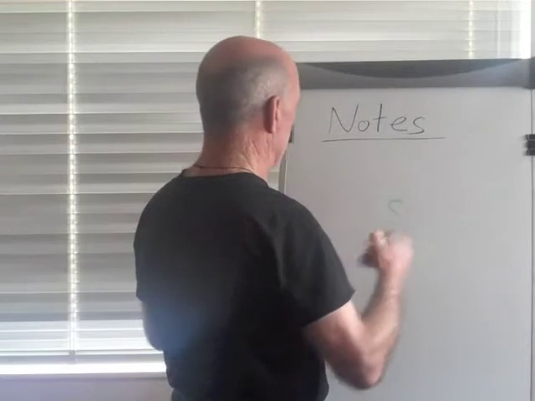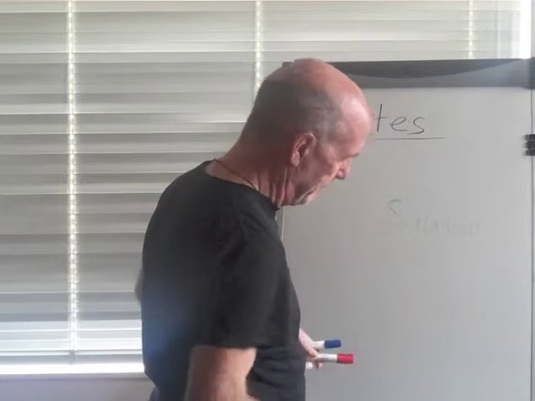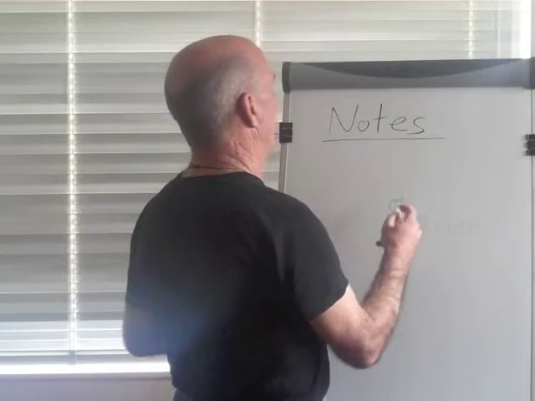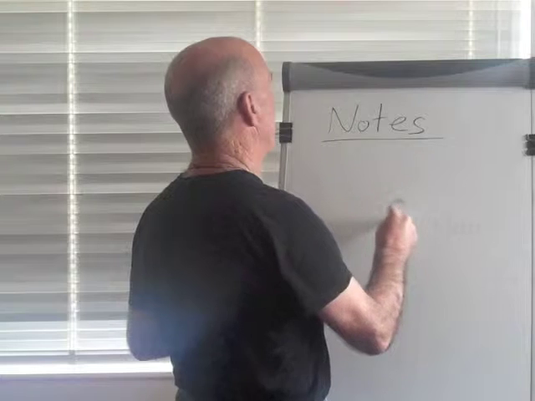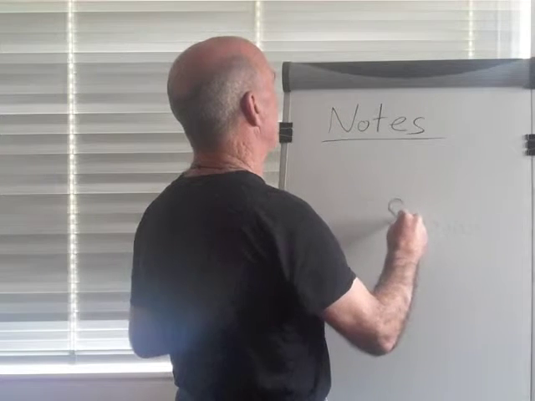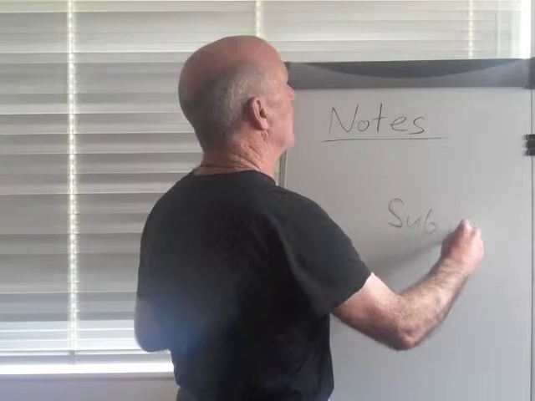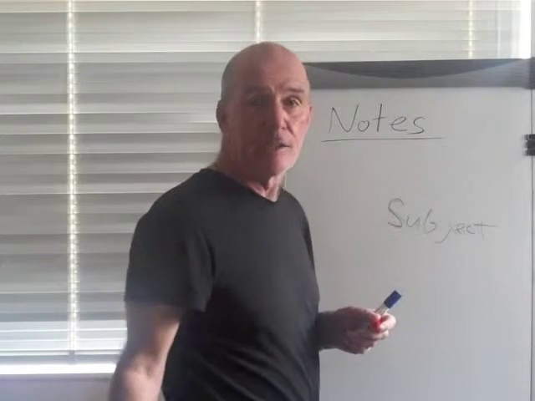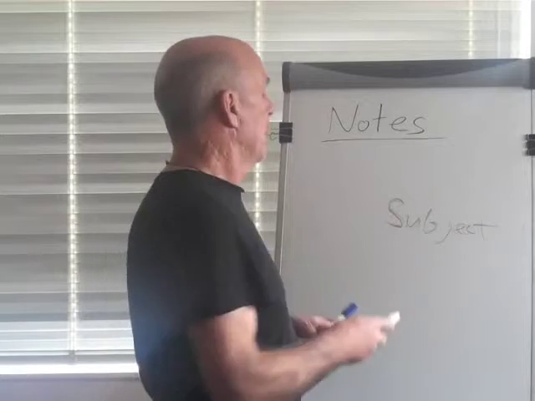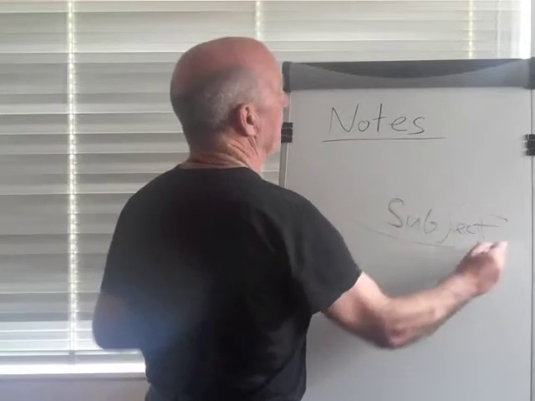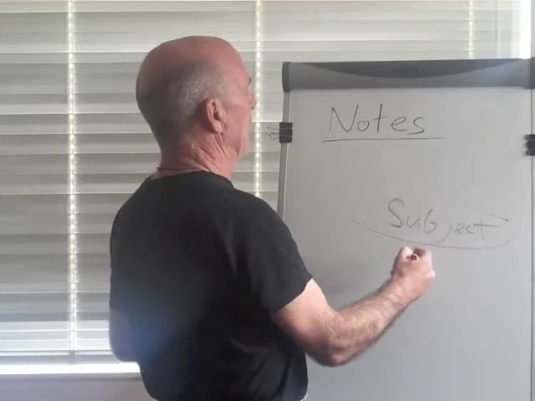I'm not going to use green because that's virtually invisible. I'll use the red, which is probably not a lot better. Okay, so you've got your main subject there that you're studying. Or you can also use this for things like presentations. So that's your main topic. Say the topic is learning.